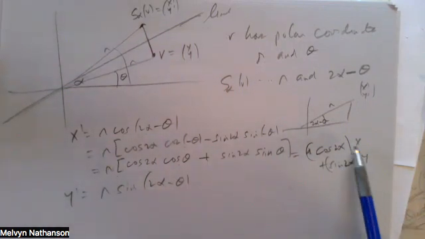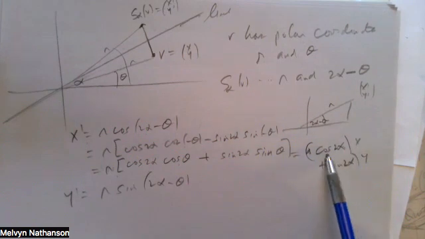So x prime is cosine 2 alpha x plus sine 2 alpha y.